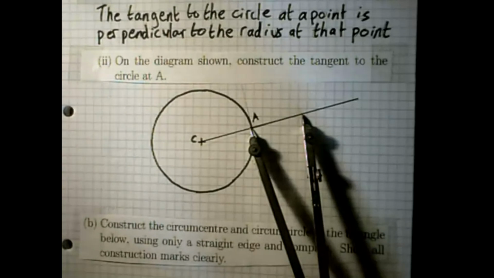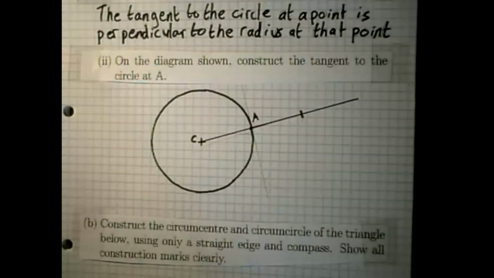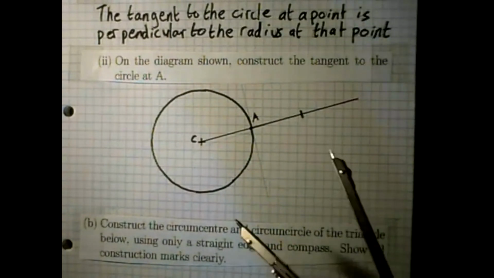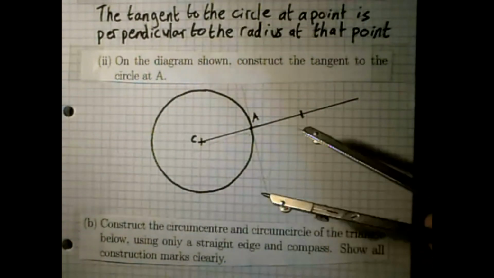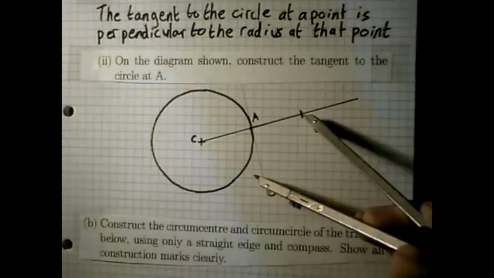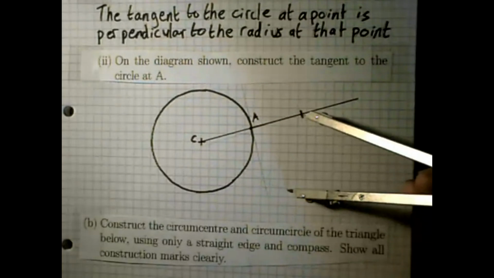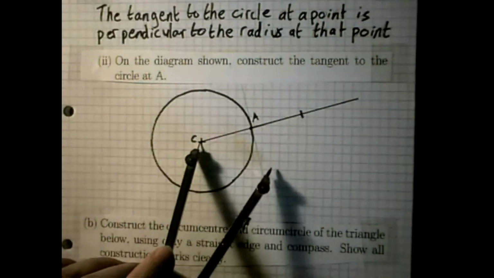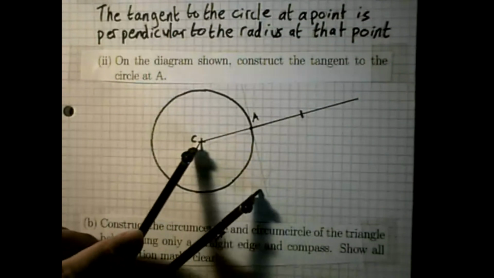I'm not even going to bother giving it a name. Now I draw 2 more arcs of the same length, so I set my compass to whatever length I like as long as it's longer than the length CA. I'm going to set my compass at this new point and draw an arc just here. I'm going to draw an arc of the same size from C, like that.